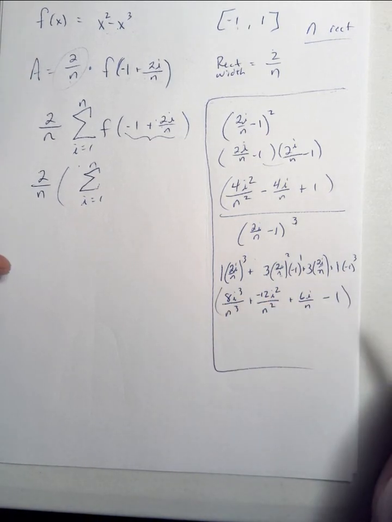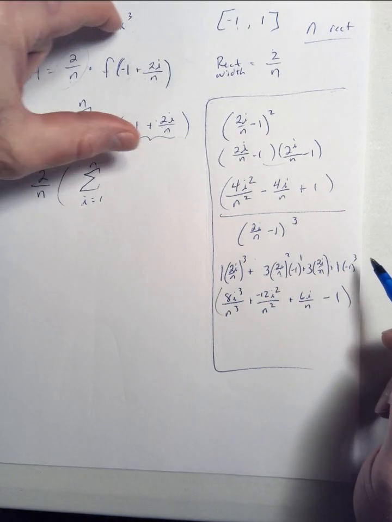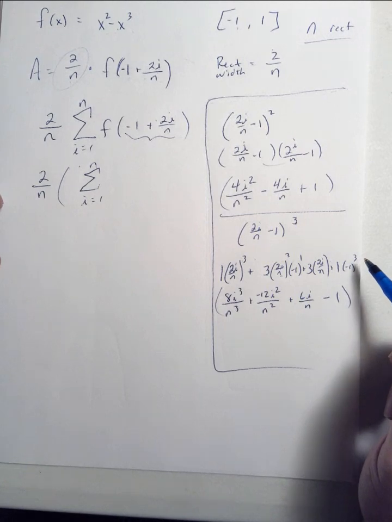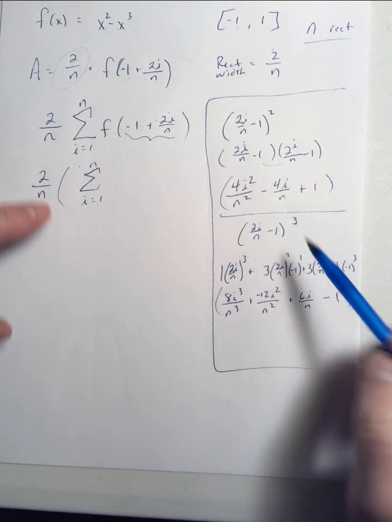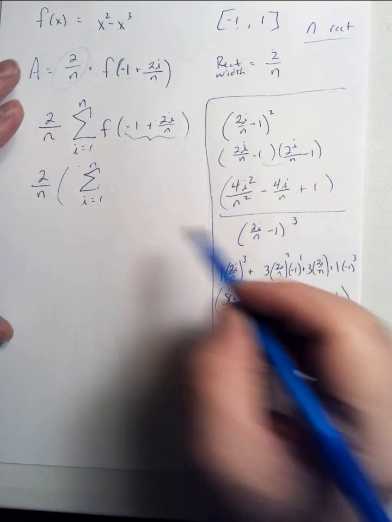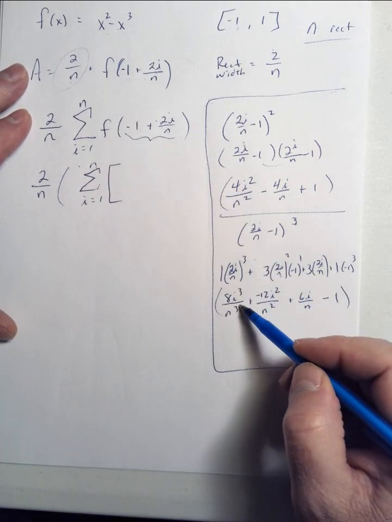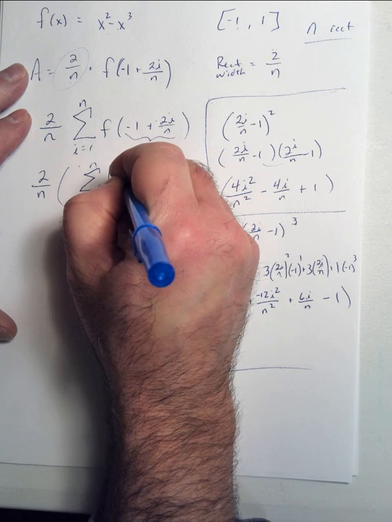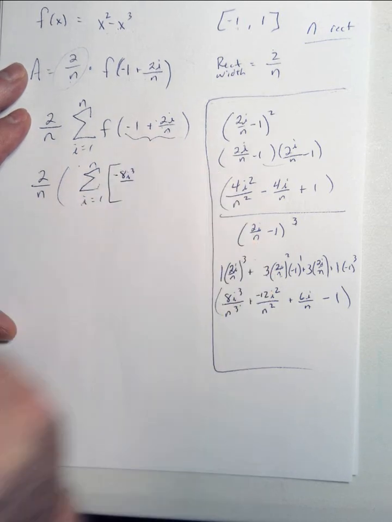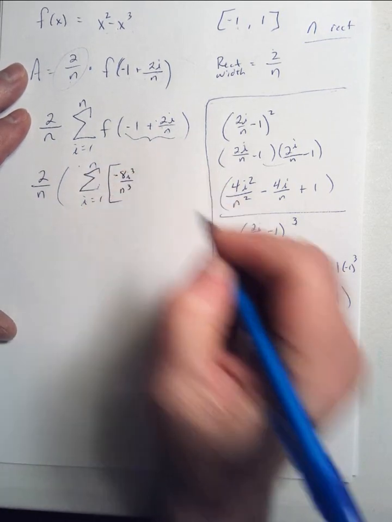Alright. And so the function itself is x squared minus x cubed. So I'm taking this and subtracting this, which means I have a negative 8i cubed over n cubed.